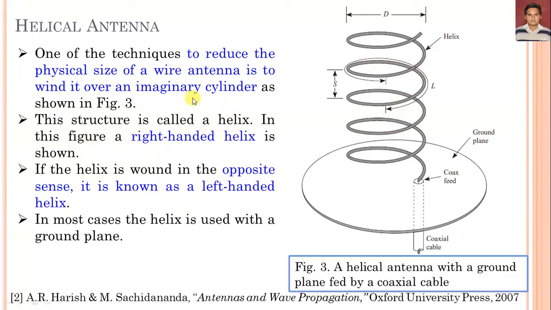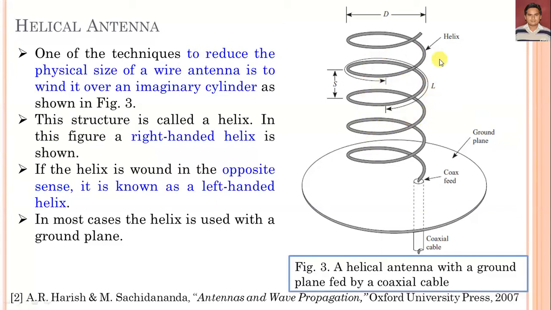This structure is called a helix. In this figure, a right-handed helix is shown. If the helix is wound in the opposite direction, then we call it a left-handed helix.